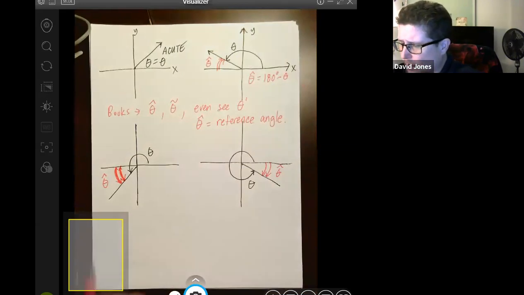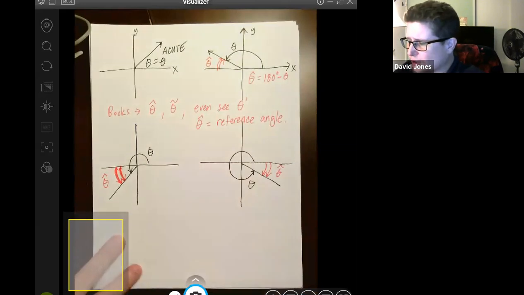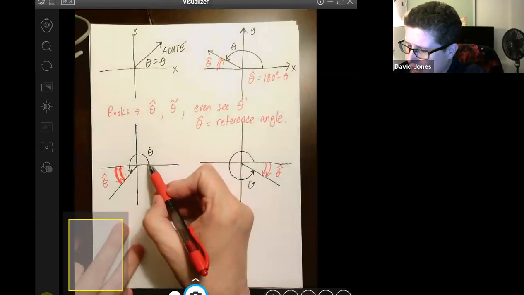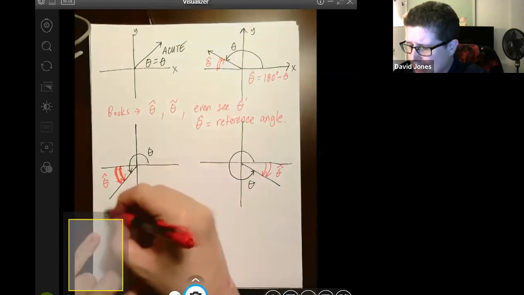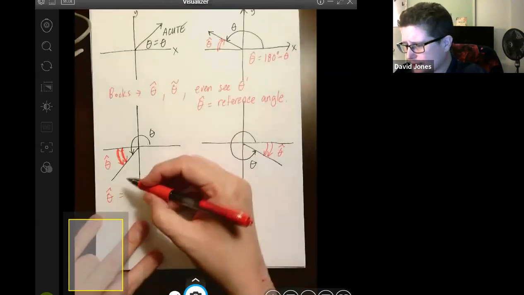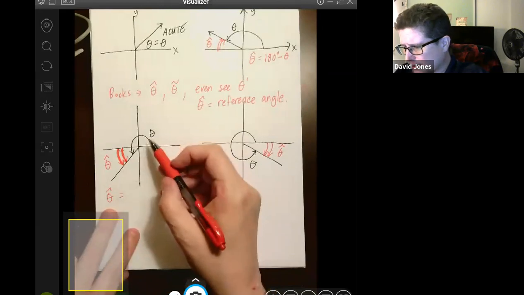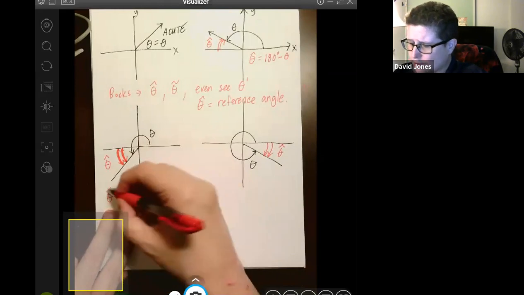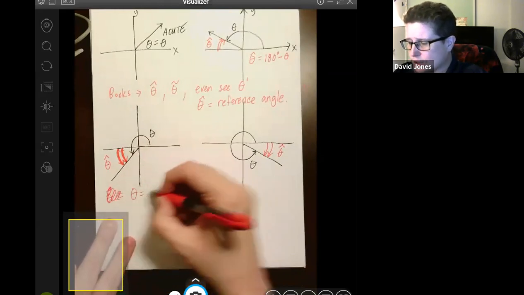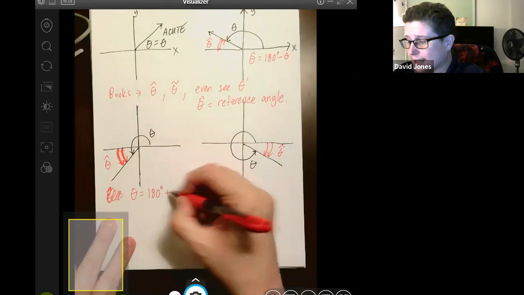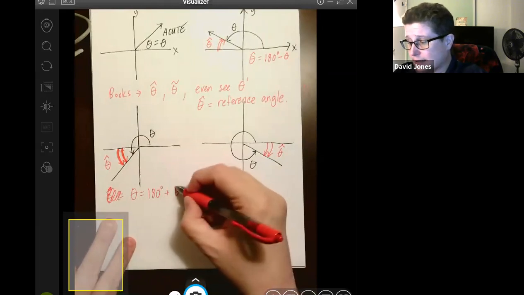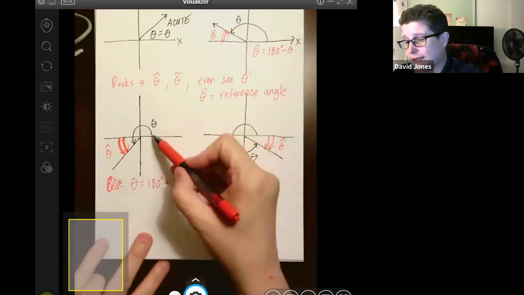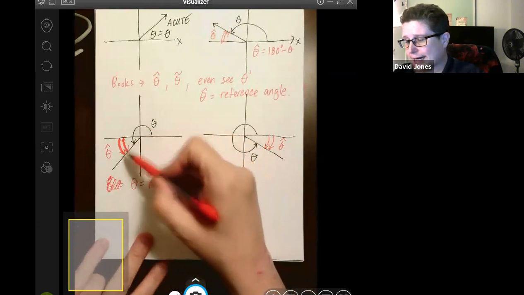So in this quadrant, the full thing is 270 degrees, going all the way around, right? Or I could say theta equals 180 degrees plus theta hat. Theta is this 180 plus theta hat.